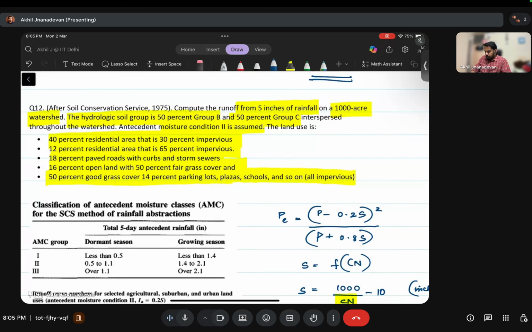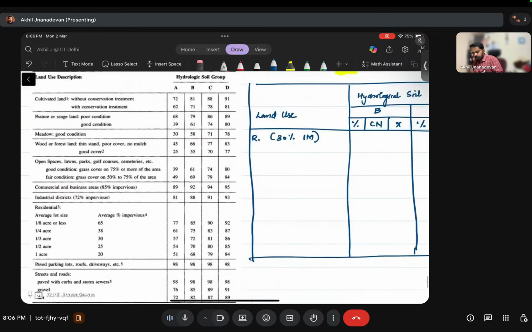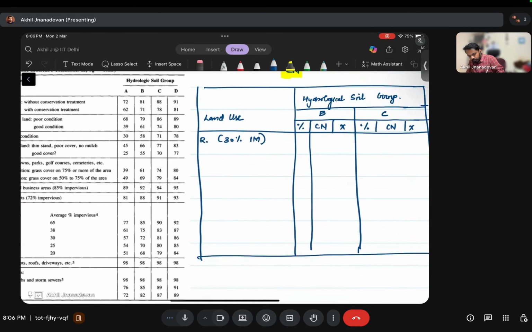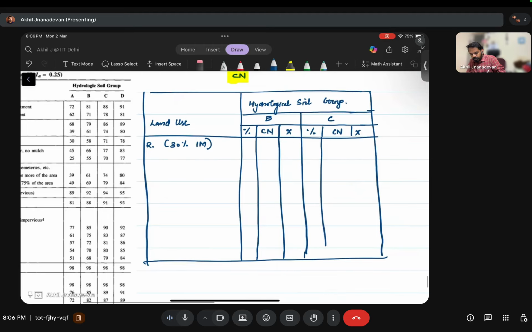And there are two classes of soil. So we have to distribute this 40% to each of the soil classes. So the percentage will be total 40. So it will be 20 in class B and 20 in class C, right? So 20 here and 20 in C.